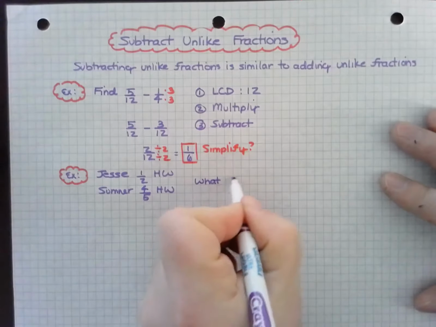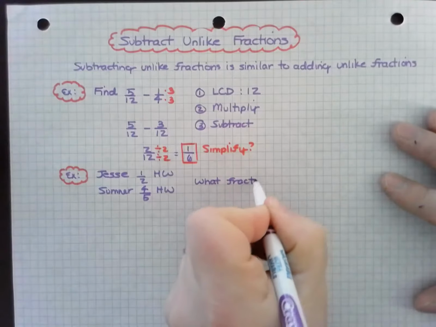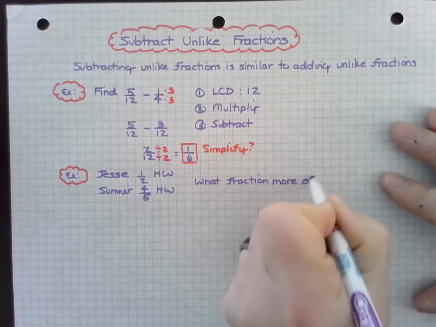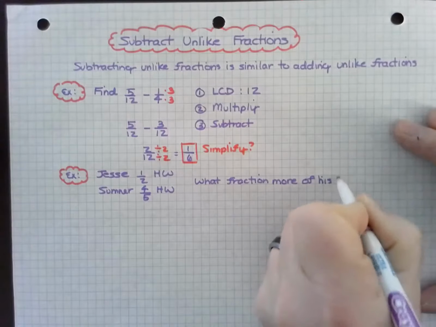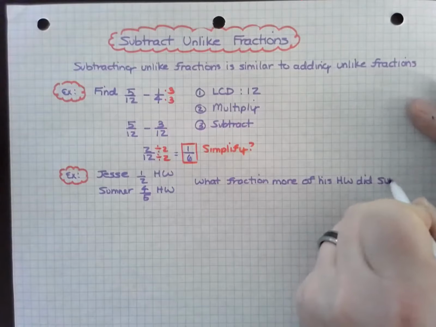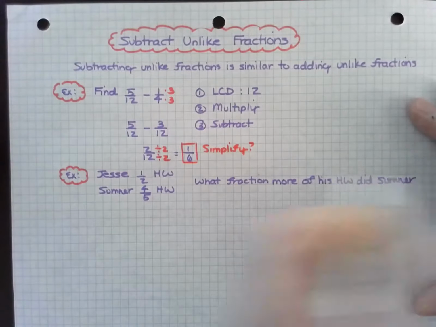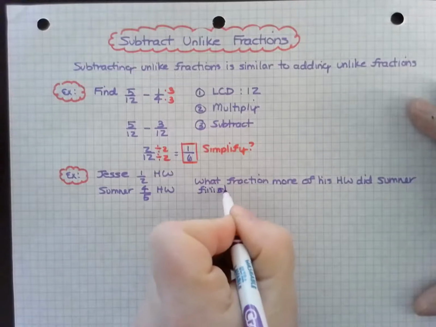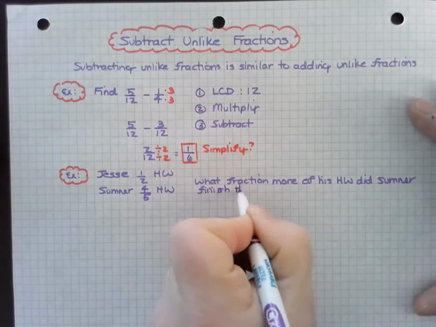What fraction more of his homework did Sumner finish than Jessie?